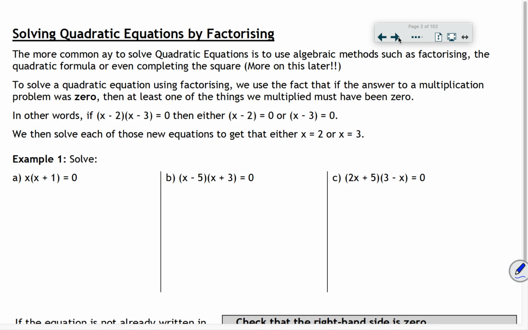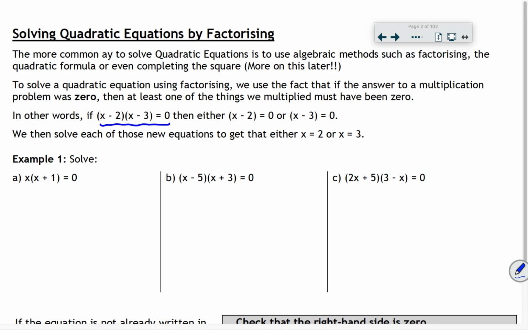So whenever you're solving a quadratic equation, once you have it factorized like these examples here are, in order for the equation to work out, one of the terms has to be equal to 0. So the first one we've got here is x minus 2, x minus 3 is equal to 0.